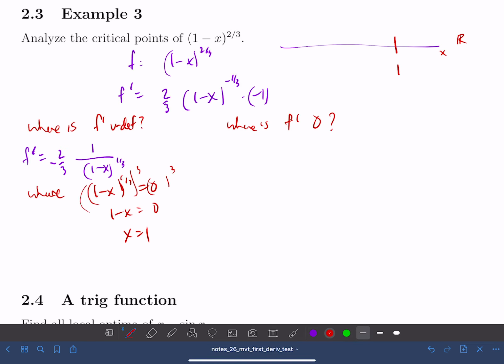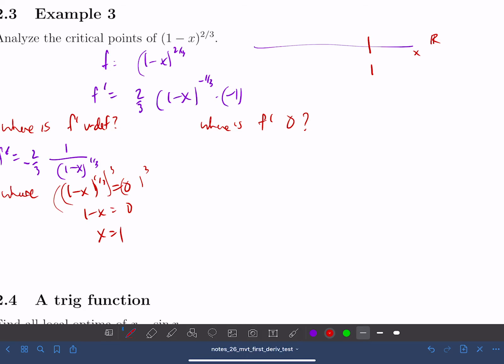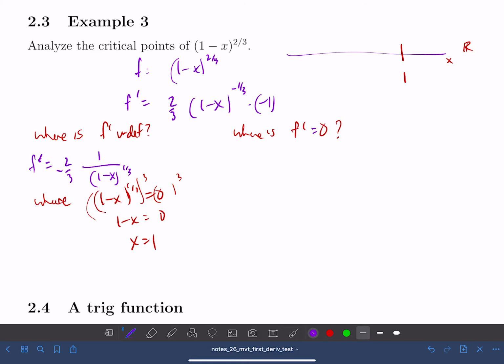And there's nowhere else. And as far as the question for where is f prime equal to 0, let's see here. So if I write 0 equals -2/3 times 1 over 1 minus x to the 1/3, I'm going to try to solve for x, right?